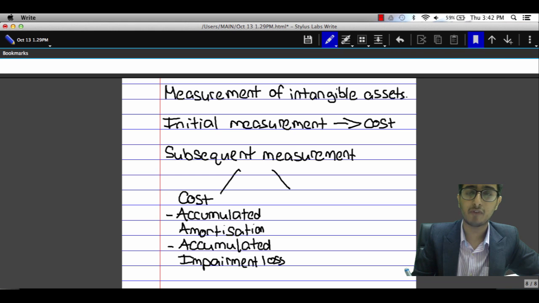Or the other way we value our intangible asset is using the fair value model. This means that now we are going to base the value of our asset on the market value.